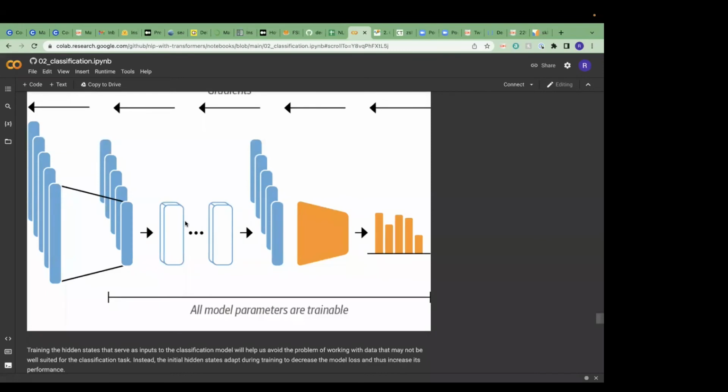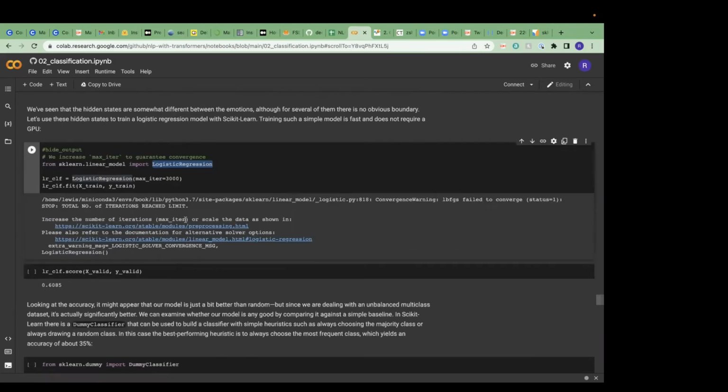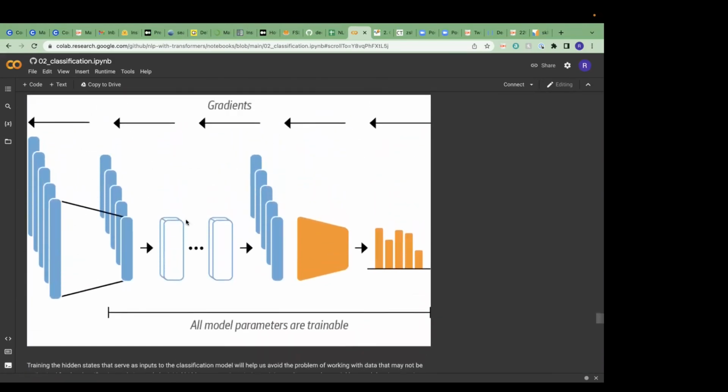The logistic regression in the first scheme and the second scheme have more or less equivalent structure. They use a fully connected linear layer and the softmax.